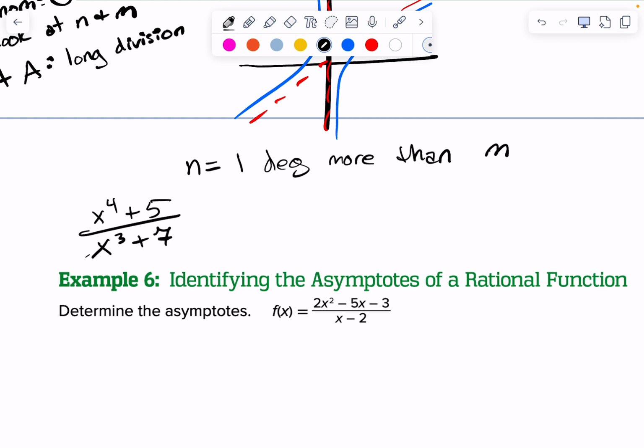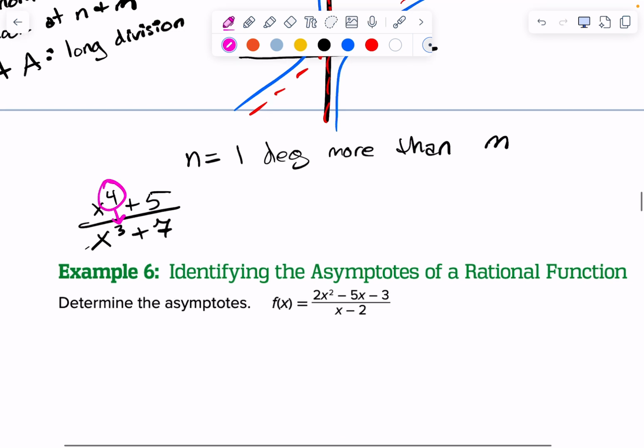Will I have a slant asymptote? No, I will have a horizontal asymptote. Where's the horizontal asymptote? N is 4, m is 4. What's the horizontal asymptote at? 1, because the coefficients are 1. So you will only ever have a slant when the numerator degree is 1 larger than the denominator degree.